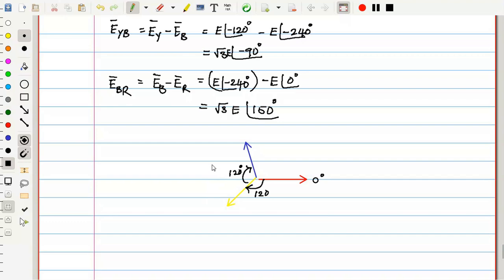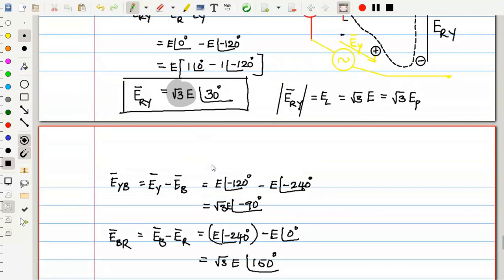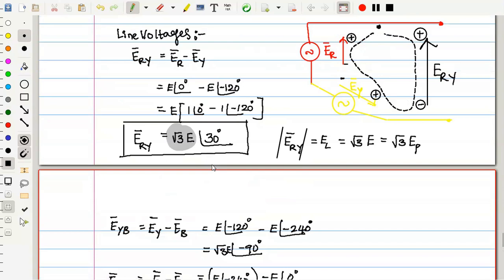Now try to observe that. What is the ERY? ERY is the phasor sum of ER and minus EY. Generally, negative phasor subtraction will not be done. Instead of that, ER plus of minus EY means negative phasor addition.